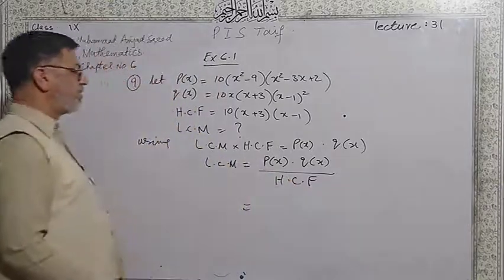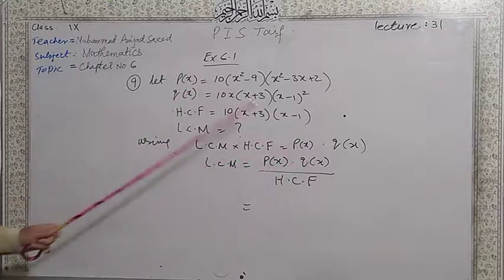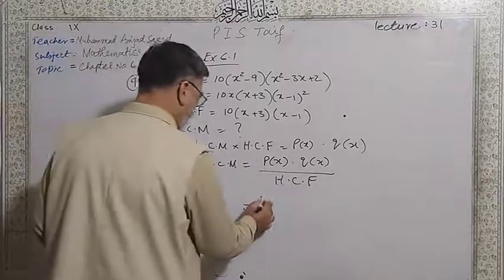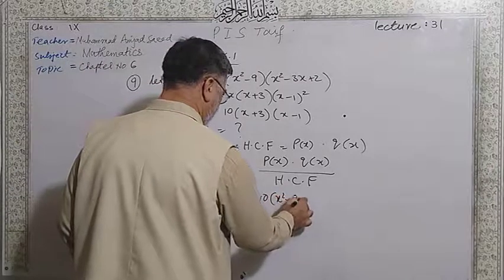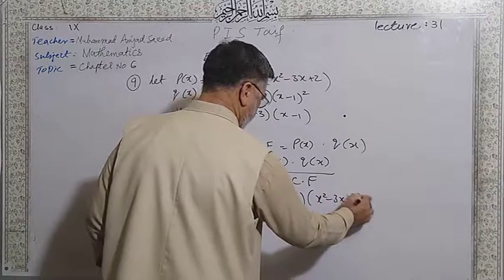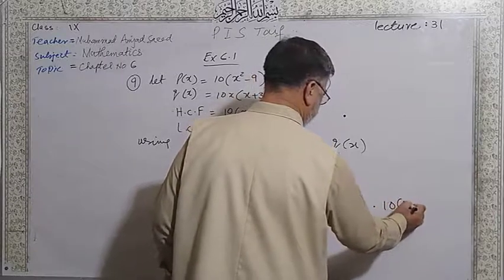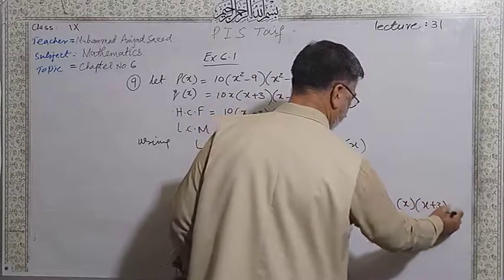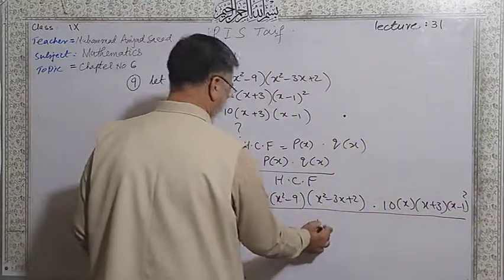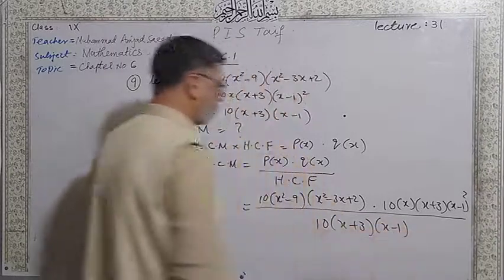Now apply the values of P of x and Q of x, and HCF from there. We have 10 into x square minus 9 into x square minus 3x plus 2, multiplied by 10x into x plus 3 into x minus 1 square, whole divided by 10 into x plus 3 into x minus 1.